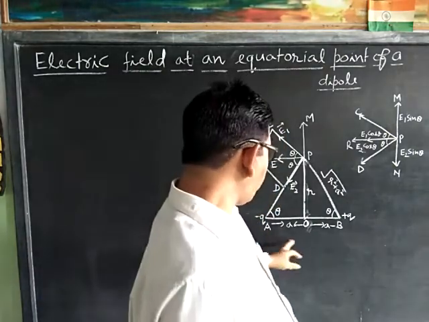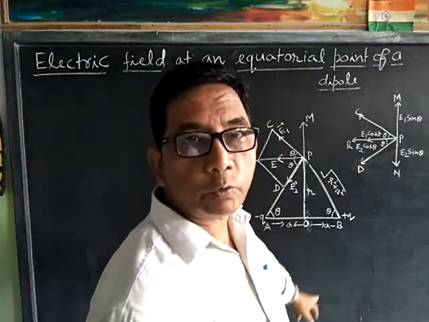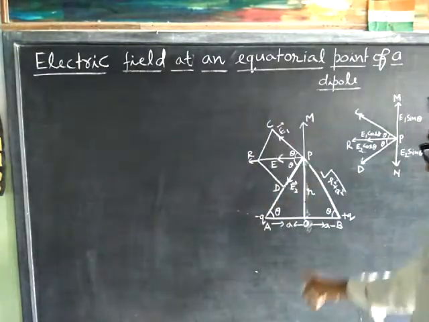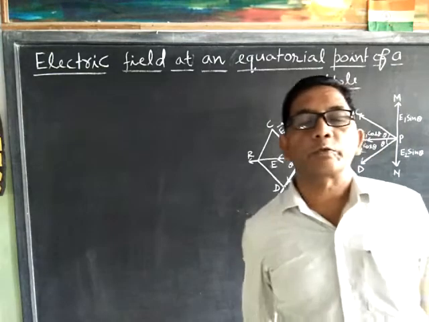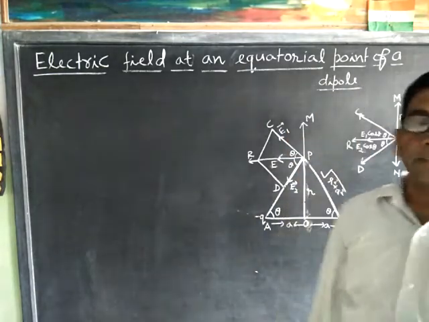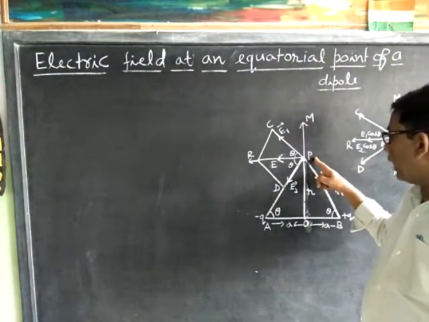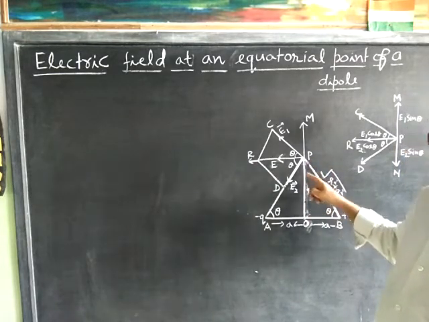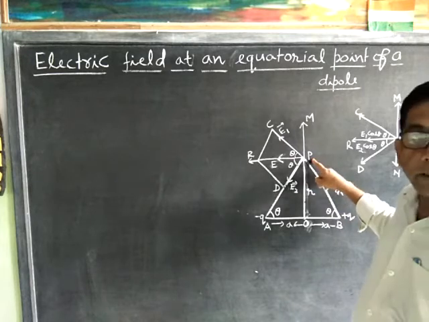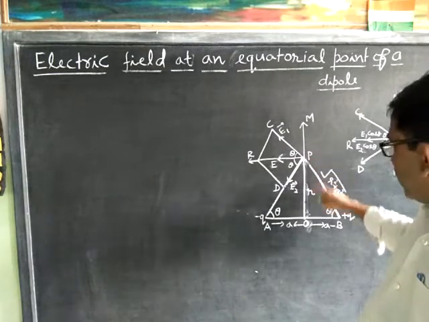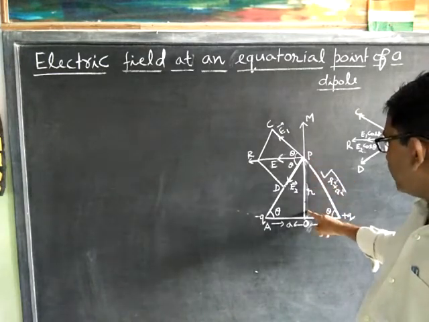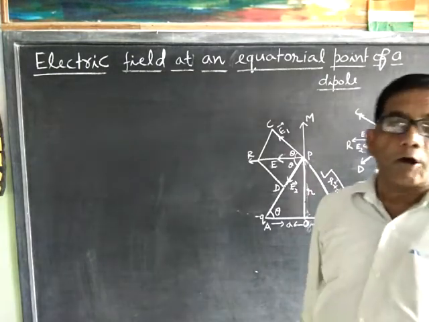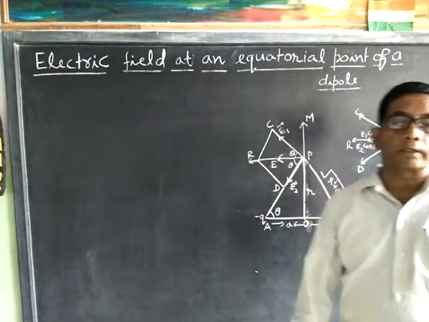Consider a point P on the equatorial line which is at distance r from the center O of the dipole, or from the midpoint of the dipole.